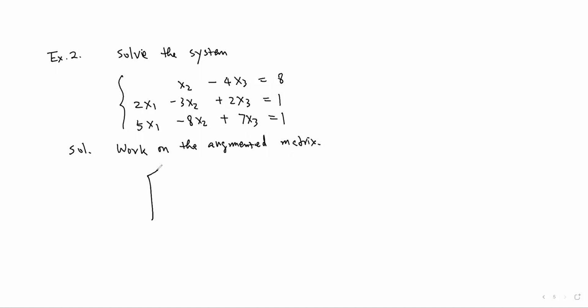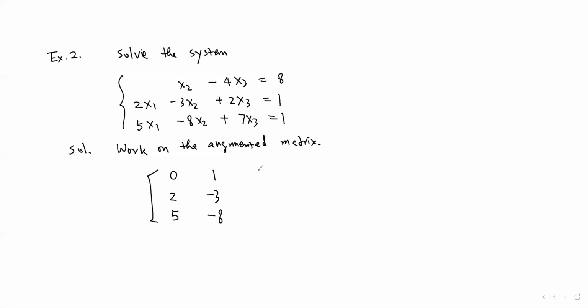The first column of the augmented matrix is the coefficients of the variable x1. The first equation has no x1, just 0 times x1, so I put 0 here. The 2,1 entry is 2, the coefficient of x1 in the second equation, then 5. The second column is the coefficients of x2: 1, -3, -8.